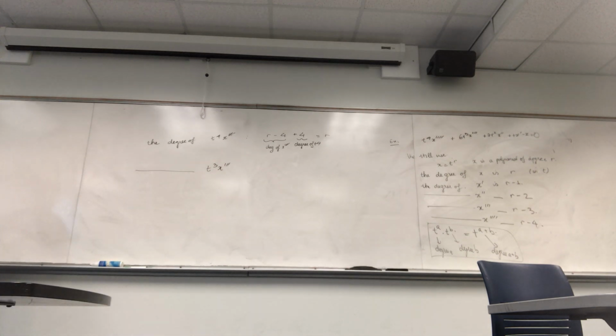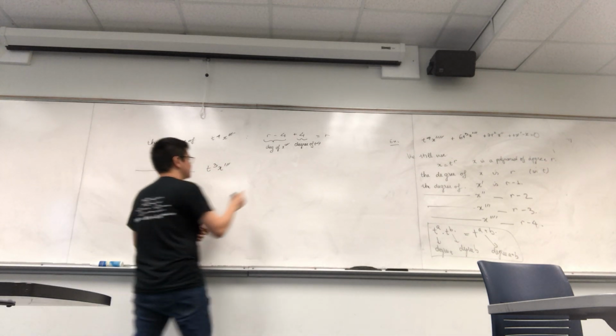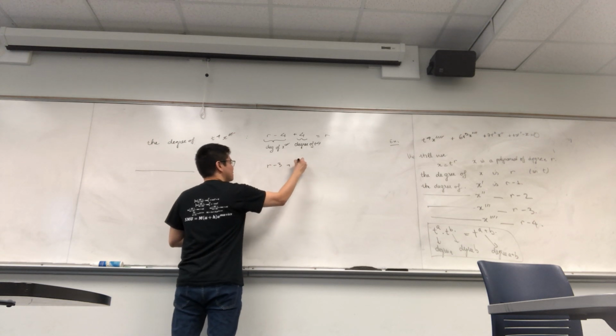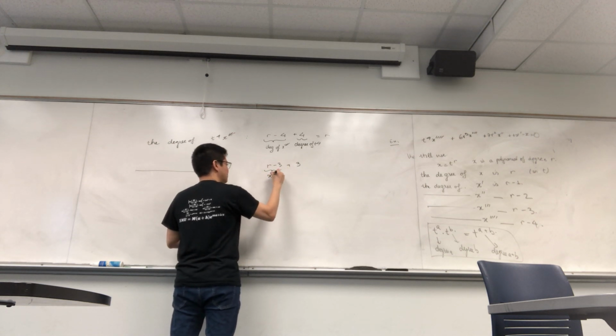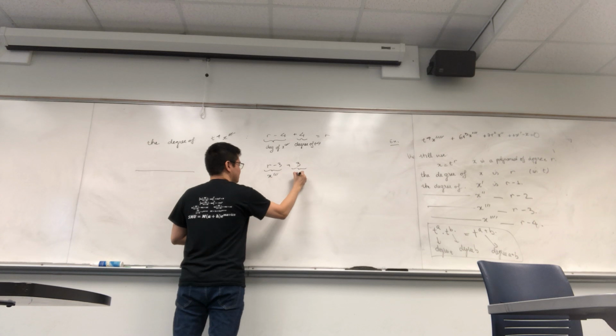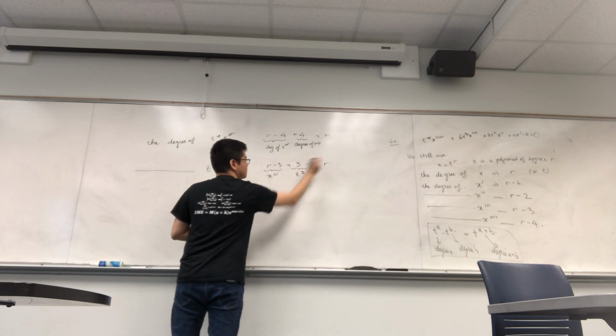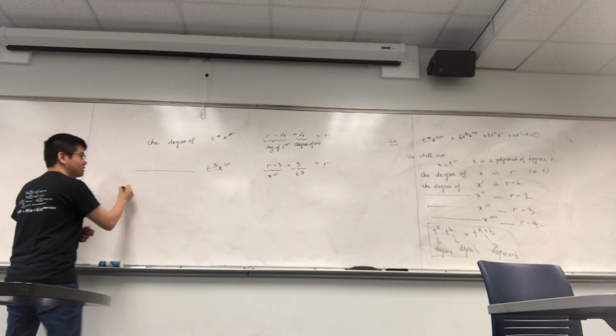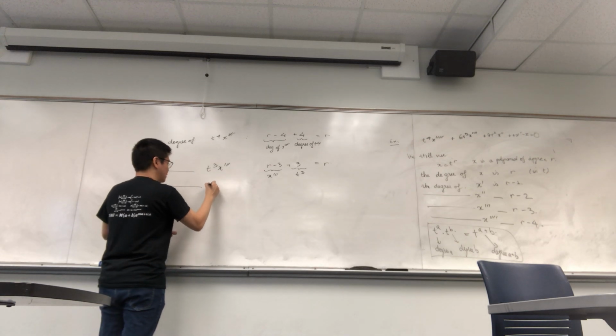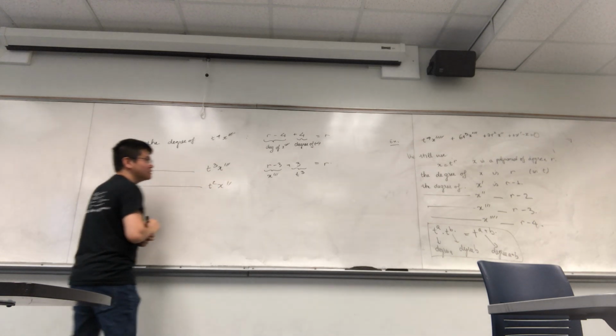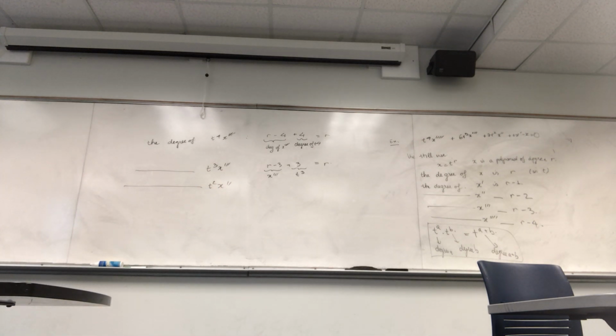x third? R. So this is still r, because this is x third derivative and this is t cubed. Now what is the degree of t squared x second? R again.